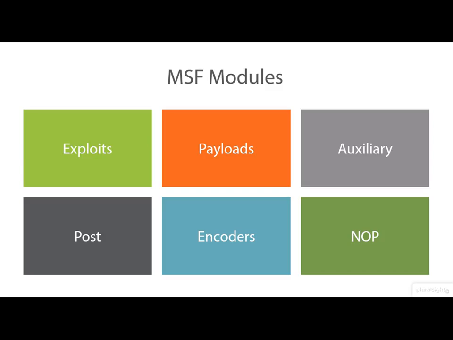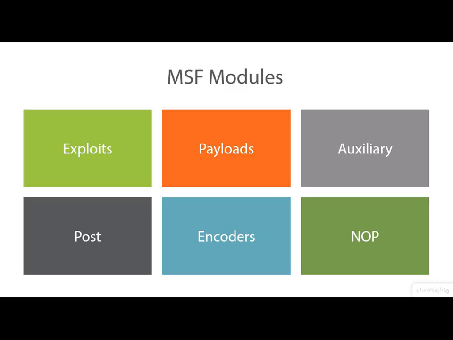Here's a list of modules included in the Metasploit framework. The exploit module is the code fragments that target specific vulnerabilities. Active exploits will exploit a specific target, run until completed, and then exit.